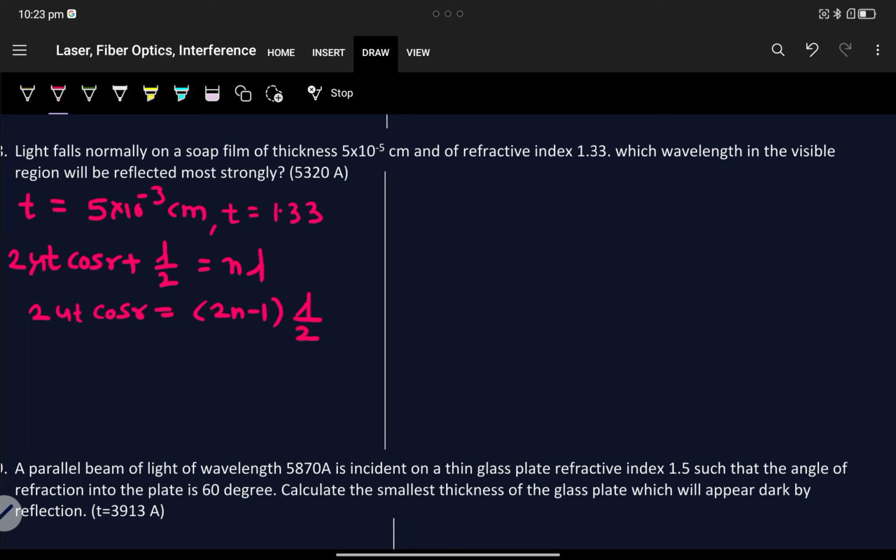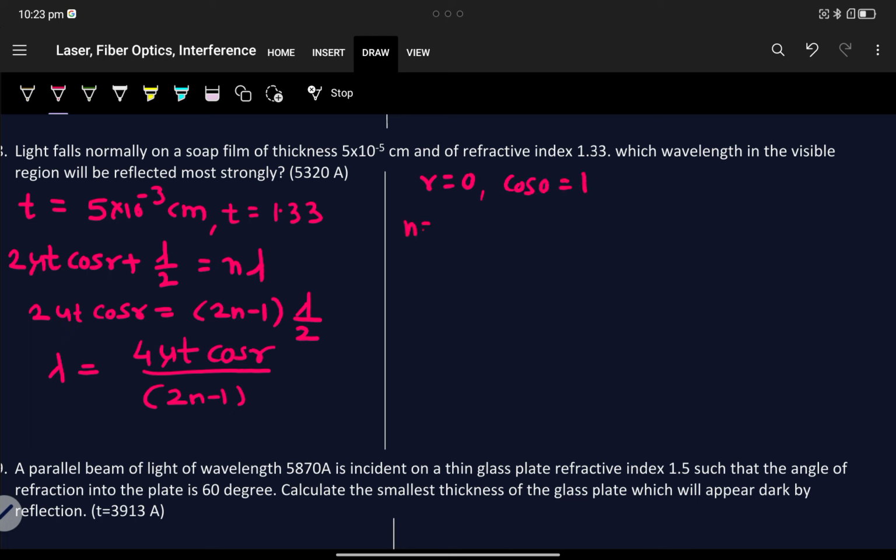Now our aim is to find the wavelength. So I can write this wavelength is equals to 4 mu t cos r divided by (2n minus 1). Now it has been said it is light incident normally, so r will be 0. So we'll take r equals 0. When r is 0, cos 0 will be 1.